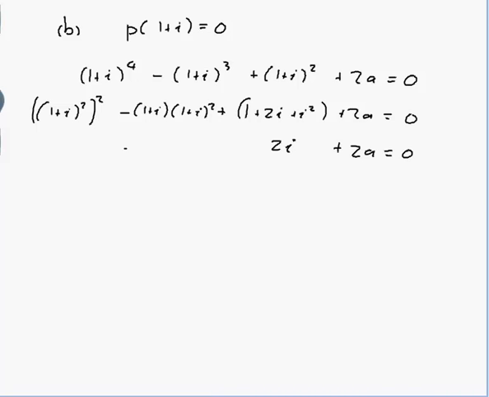So we get minus 1 plus I times 2I. And we get 2I squared. That's good. That's going to be much easier to do. So 2I squared would be 4 times I squared, which is minus 4. Minus 2I plus 2I squared, which would be minus 2.